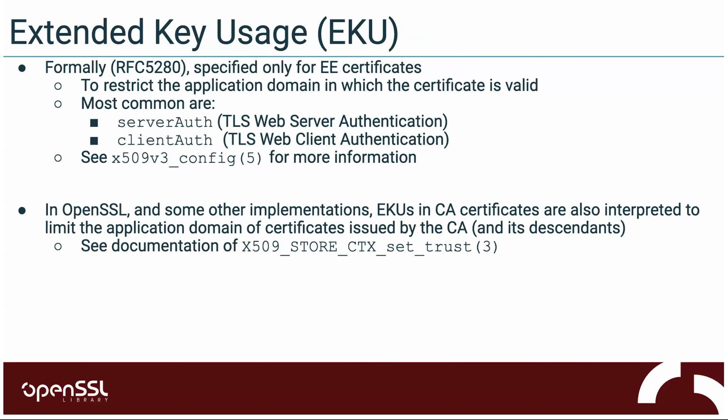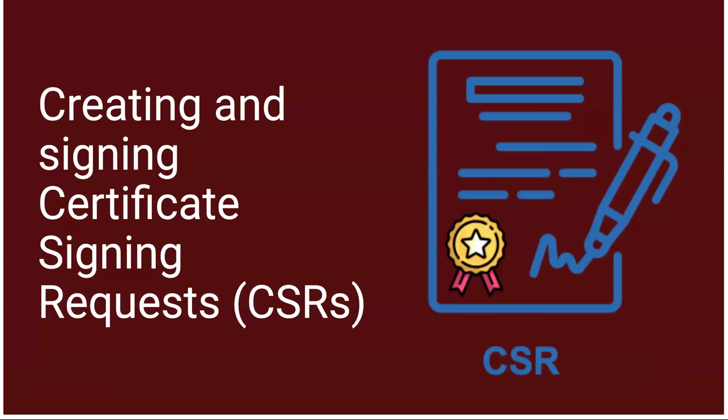This goes beyond the specifications, but is widely practiced. So for example, if a certification authority certificate specified that its extended key usage is server authentication, then that CA would only be trusted to issue TLS server certificates and wouldn't be trusted to issue client certificates or email certificates or anything else like that.